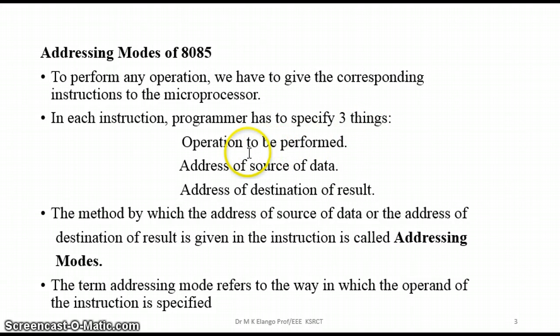The first one, operation to be performed; address of source data, that is, in order to do that operation, what is the data and where it is located; and address of destination of result. The method by which the address of source of data or the address of destination of result is given in the instruction is called addressing modes. Simply we say that the term addressing mode refers to the way in which the operand of the instruction is specified.